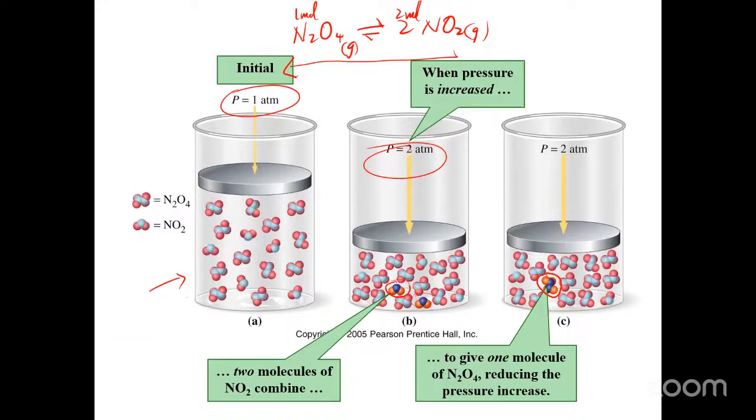So the key thing you need to remember is that if you're given a question where they're asking you to predict whether or not the equilibrium position will shift when you increase the total pressure, the first thing you should look for is the number of gas molecules on either side. That's the first thing you should look for, right? And then you go from there to make your prediction based on what the question is asking, all right?